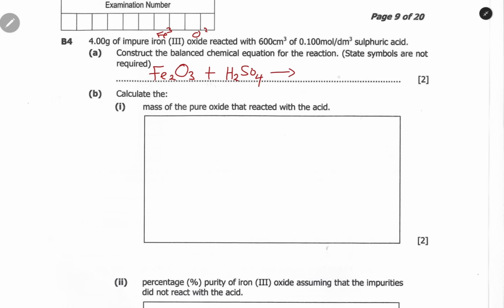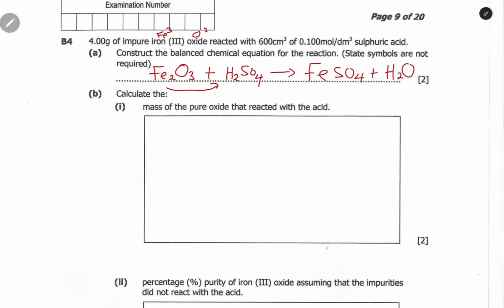What is going to form? This is a base and an acid, so what you are likely to form is salt and water. The salt is one in which iron is going to displace the hydrogen. So we are going to have FeSO4 plus water.